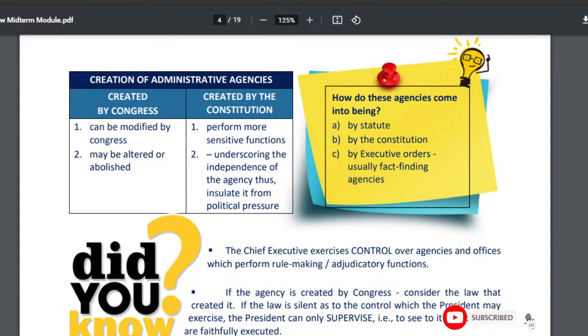Okay, the president, by virtue of his being a president, can also issue executive orders, and these executive orders can also create administrative agencies. But these administrative agencies are only fact-finding agencies lang. Okay, mga fact-finding na sila. Makakita lang sila kung dapat nga makapaayo, makapahinlo, aning function sa executive branch.